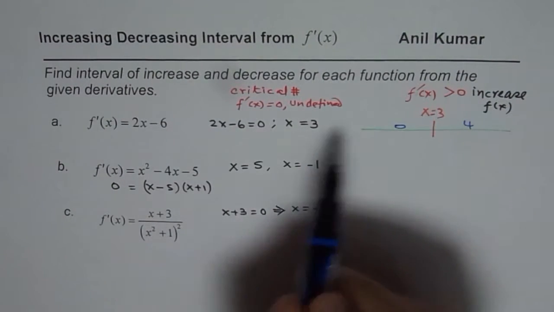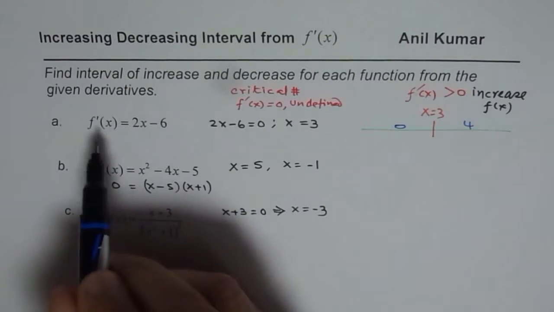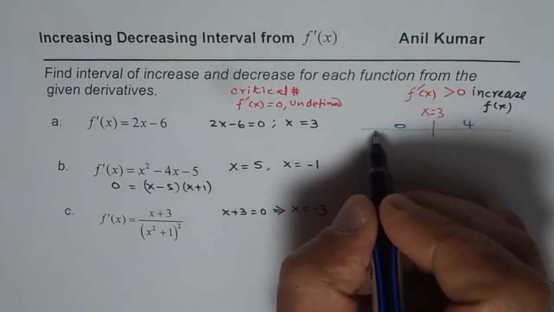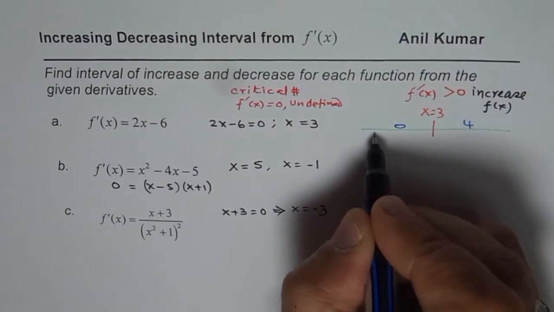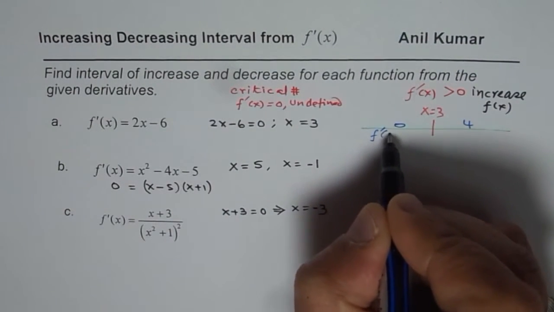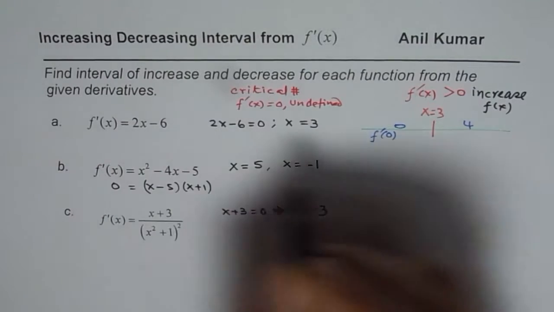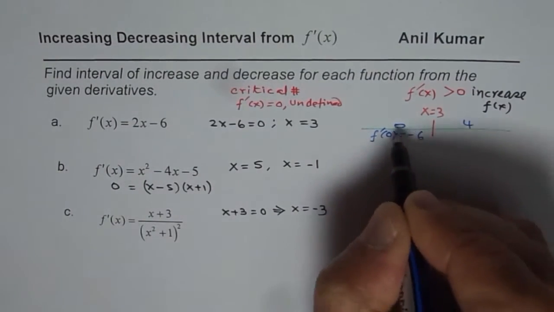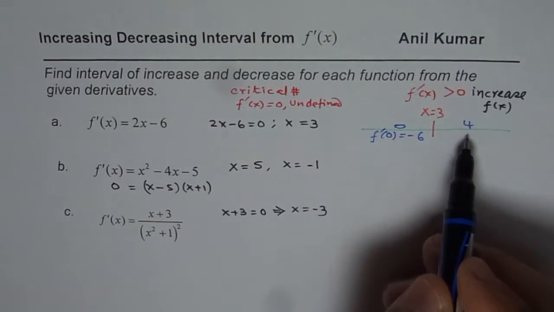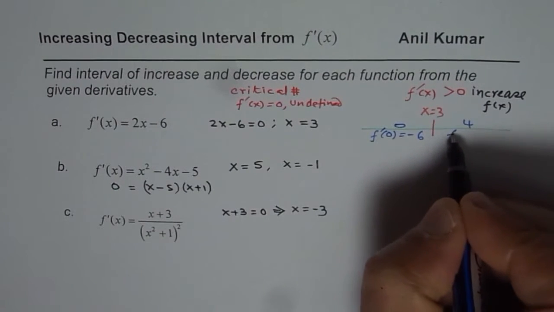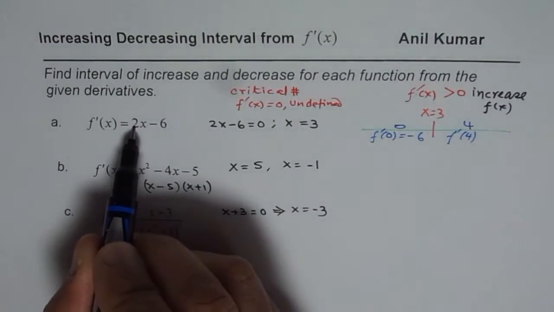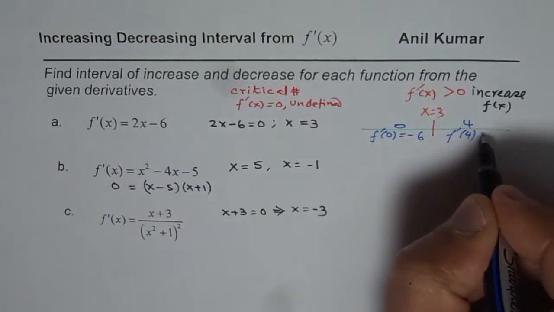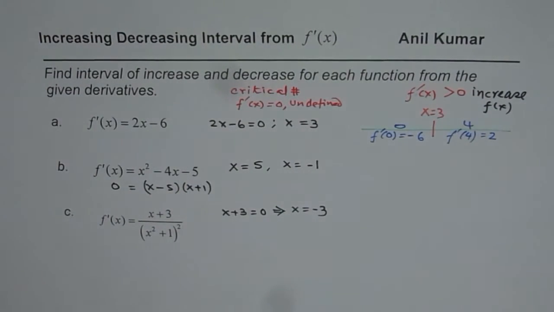When you substitute 0 in the derivative, f dash 0 is minus 6, which is negative, right? If I substitute 4, f dash 4 is 4 times 2, which is 8, and 8 minus 6 is equal to 2, which is positive, correct?